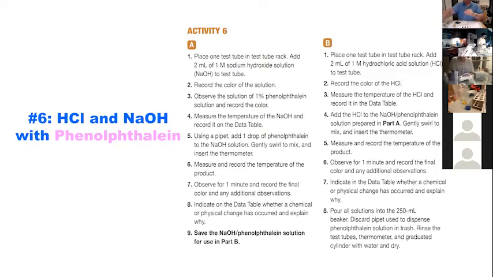And I can rinse off my thermometer. You just rinse it off with water, correct? Yep. And they said do it 3 times, like rinsing out the beakers 3 times. Yeah, that's just for making sure you're doing it correctly.